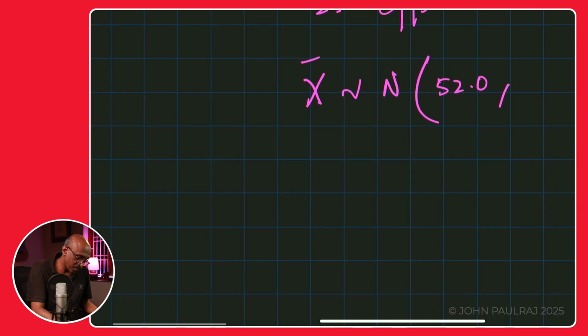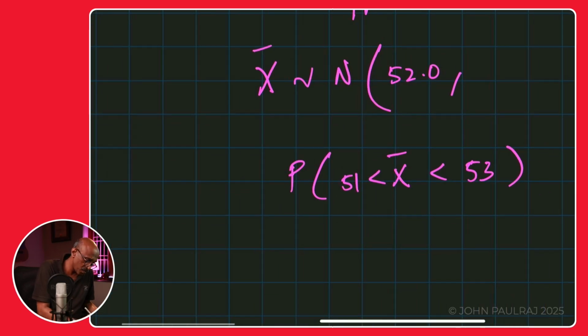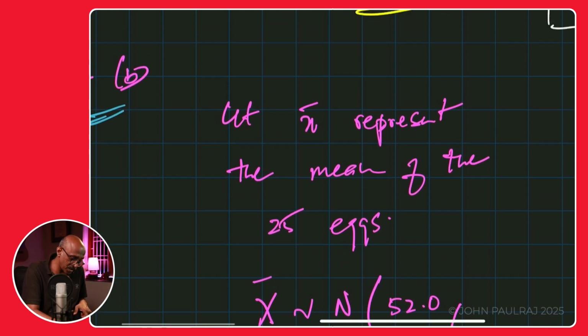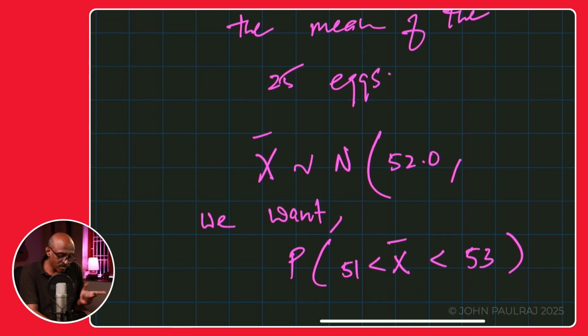We are looking for the probability that X bar is between 53 and 51. That's the probability we're looking for. So it's the mean of a sample of 25 eggs. What is the probability that it's going to lie within 1 gram of the population mean?